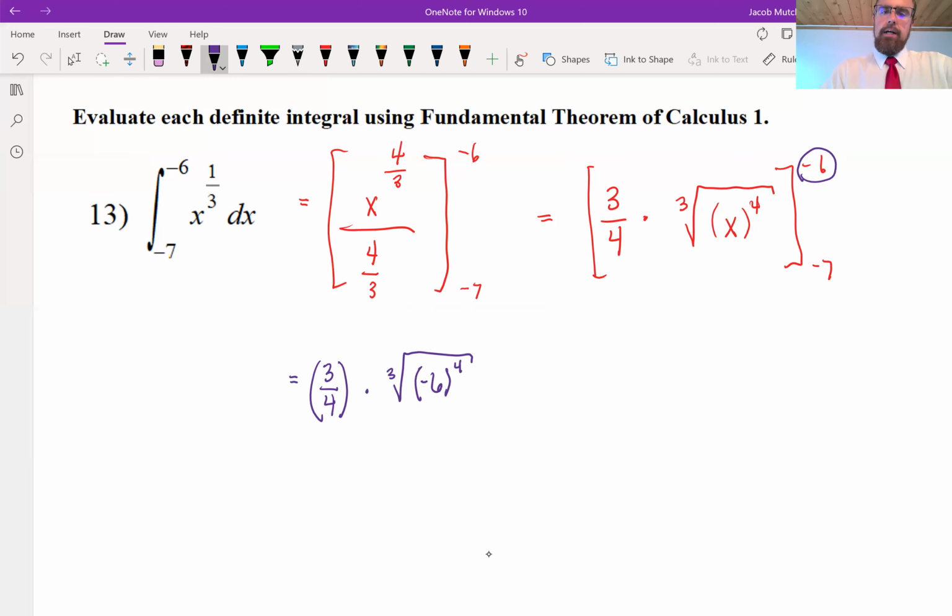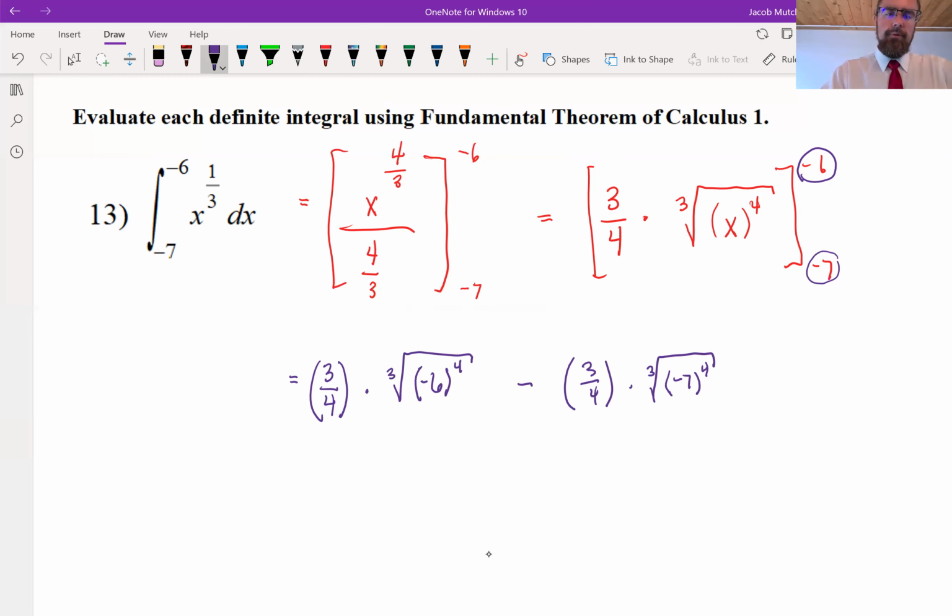And then I'm going to subtract, again, 3/4 times the cube root. And I'm going to substitute in now the lower limit of integration, negative 7 to the power of 4. So that's substituted in.